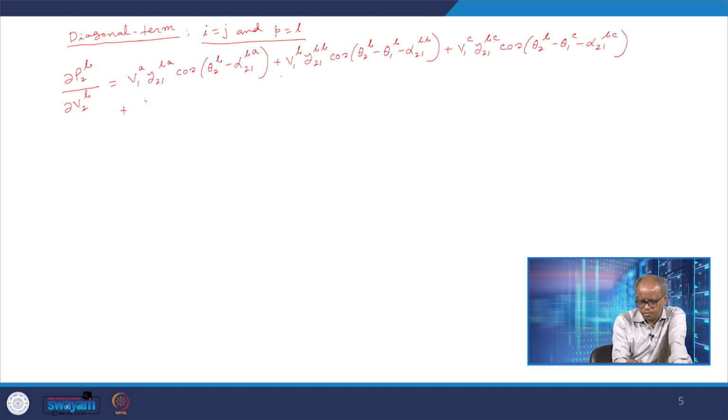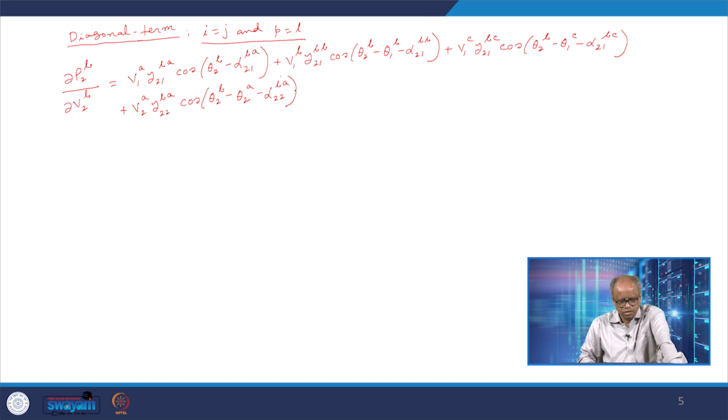Fourth term would be V2A Y22BA cosine(theta 2b minus theta 2a minus alpha 22BA). That is the fourth term.